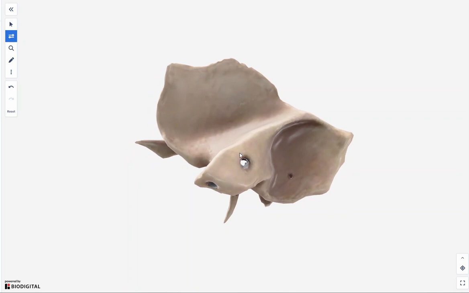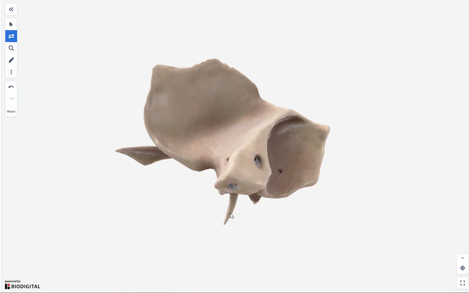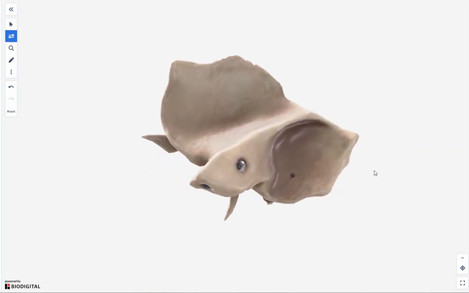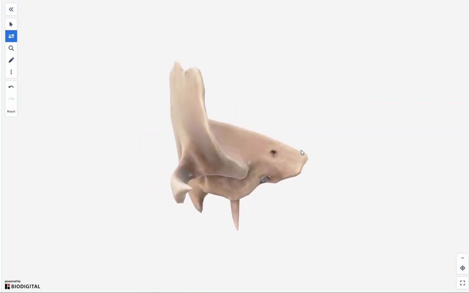So this would be that internal acoustic meatus I was talking about, right? Here's a styloid process here. And then this would be that pyramid, the petrous pyramid, this area right in here where all those organs of hearing sit. So the petrous ridge is this little line, right here.